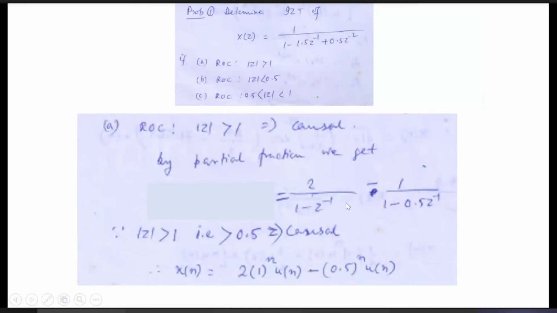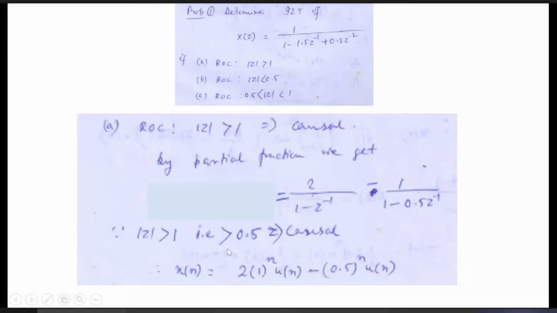I have jumped some steps and directly calculated. You know how to get the partial fraction, the same method. So A1 and A2 we have got as 2 and 1, and the poles are located at 1 minus z inverse, then 1 minus 0.5 z inverse.